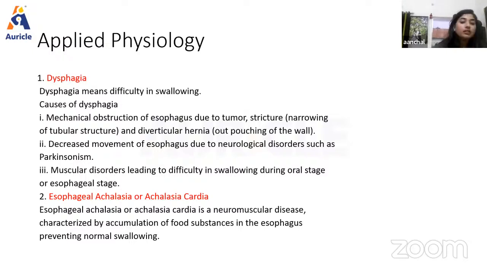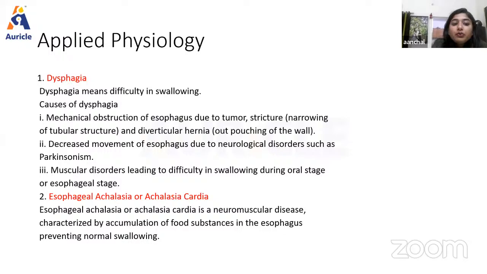Now, discussing some applied physiology. First we have dysphagia. As we know, dys means difficulty, right? And phagia means swallowing. So dysphagia means difficulty in swallowing. It may occur due to a disorder involved in any stage of swallowing.